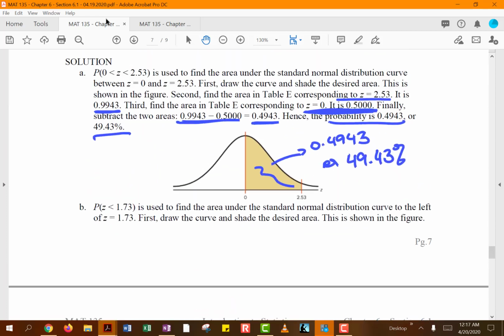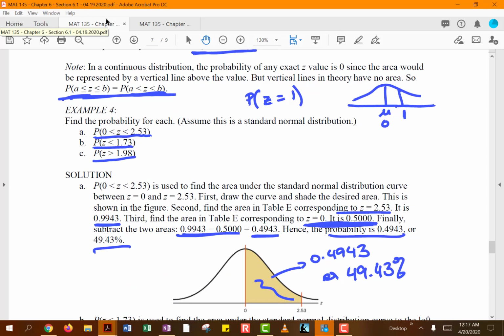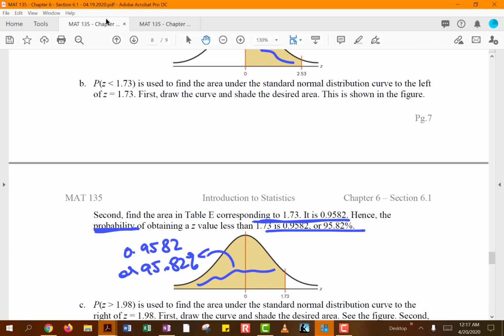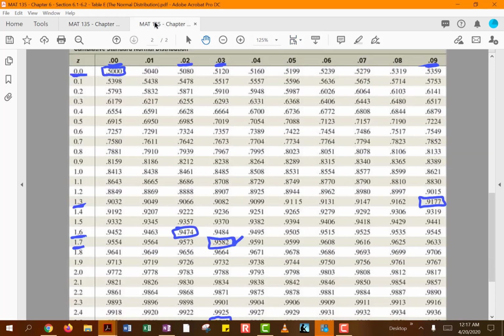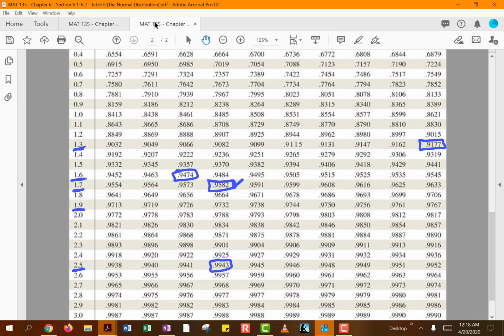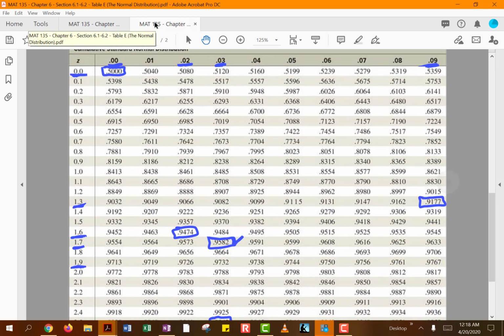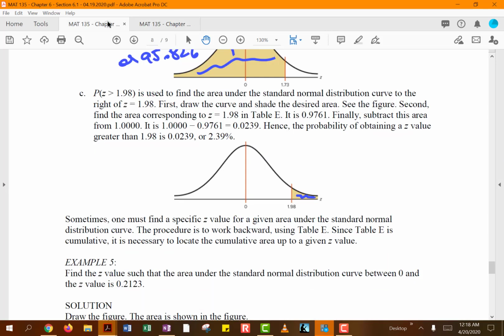Okay, and then the last one was asking for the probability that our z-score will be greater than 1.98. So again, draw your normal distribution curve first, shade your area, and now we want to know what that area or that probability is going to be. So for 1.98, we go for 1.9 here, 0.8 in that second to last column. So it looks like it's actually going to be 0.9761 for a z-score of 1.98.